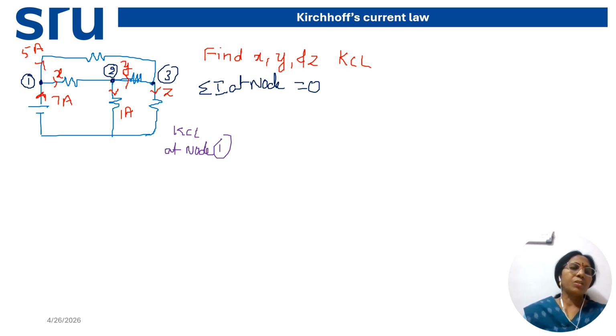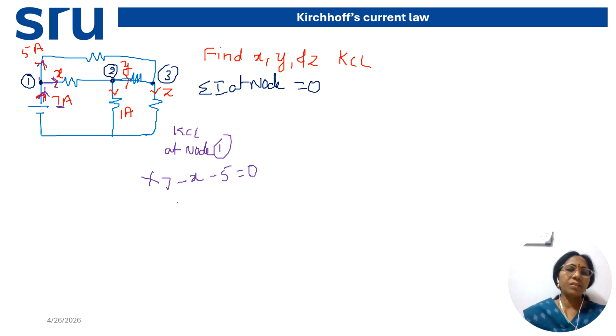This 7 ampere current is towards the node, and just now we discussed that a current towards the node is positive, so plus 7. The X current is leaving the node, that's why minus X, and at node 1 the 5 ampere current is also leaving the node, that's why minus 5 equals 0.